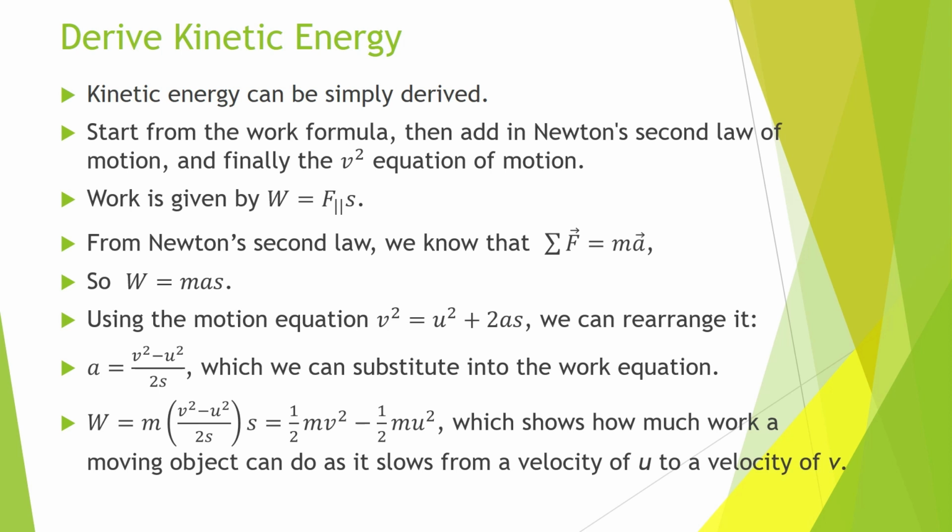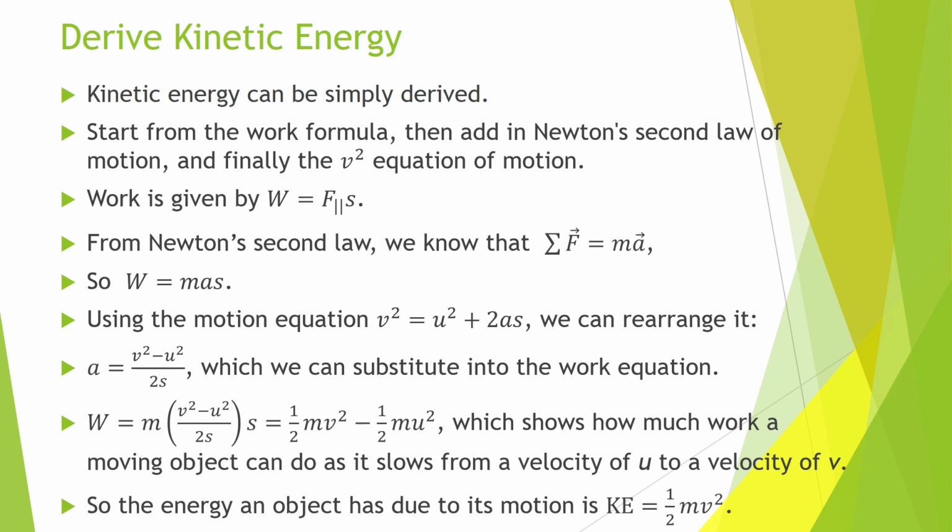And you'll notice that the s's cancel. And 2 is on the bottom line, so it's a half mv squared minus a half mu squared, which shows how much work a moving object can do as it slows from velocity u, the initial velocity, to a velocity v. So the work done is half mv squared minus a half mu squared.